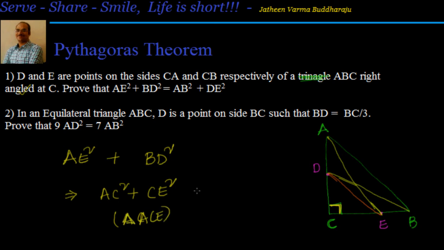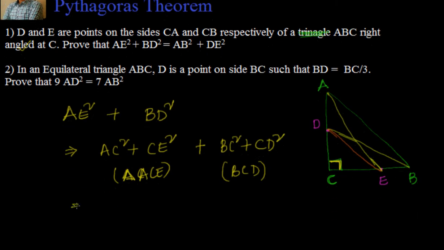Then BD square is equal to, again it's the hypotenuse of triangle BCD, so I can say it as BC square plus CD square. Now if I rearrange them, AC square plus BC square plus CD square plus CE square.